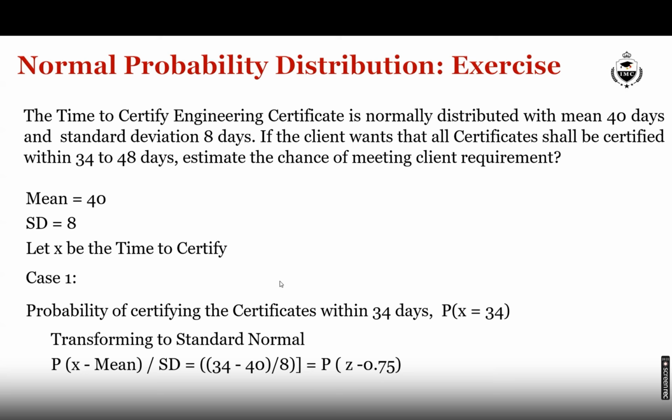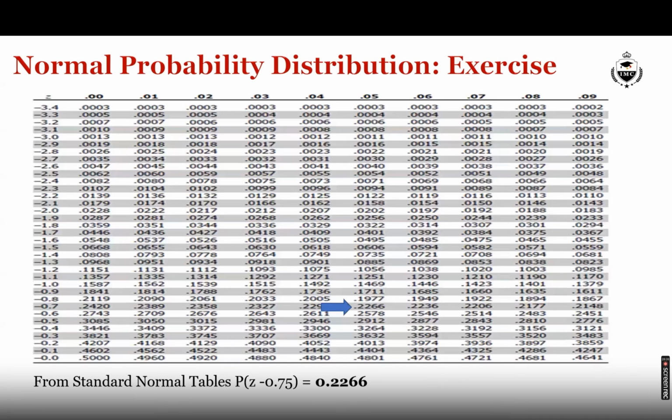But what does minus 0.75 mean? For this, we will refer to a table called the Z normal distribution table, where our value is minus 0.75. If you see, the leftmost column is the Z column, and there is a value called minus 0.7.